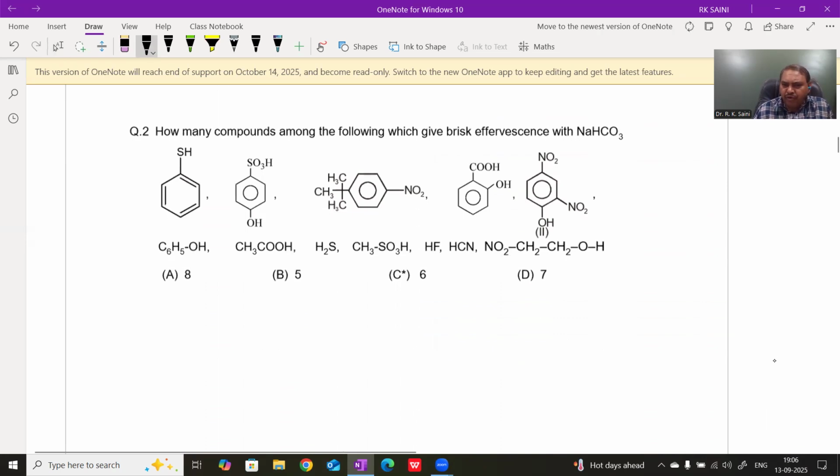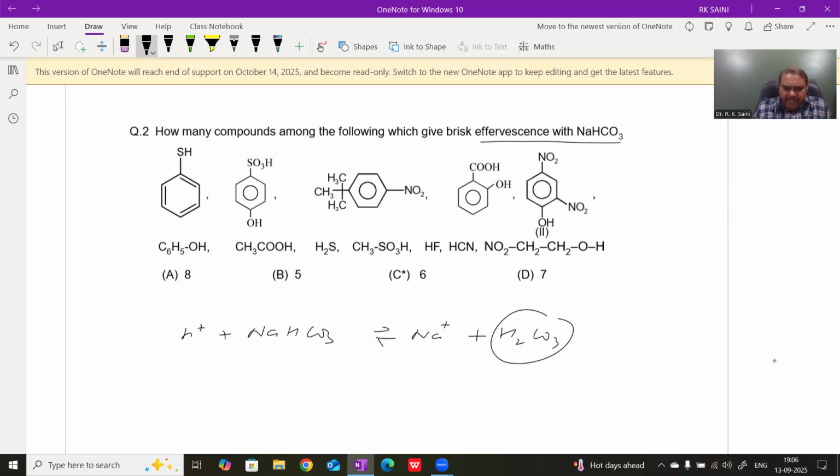Question number two. How many compounds among the following give brisk effervescence with sodium bicarbonate? When an acid reacts with sodium bicarbonate, then it gives carbonic acid. If carbonic acid is formed, then it evolves brisk effervescence of CO2, and the reaction will be forward if the given acid is stronger than carbonic acid.